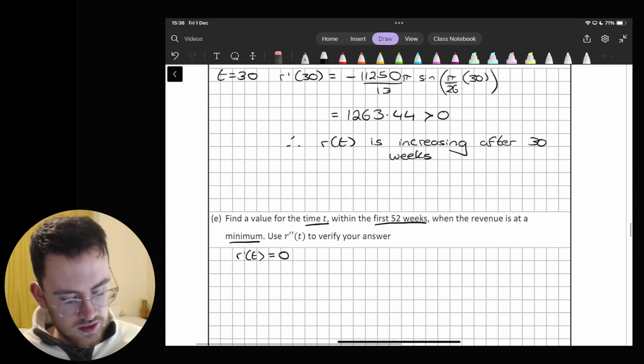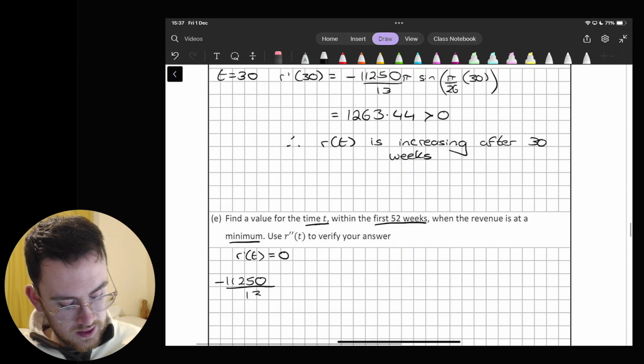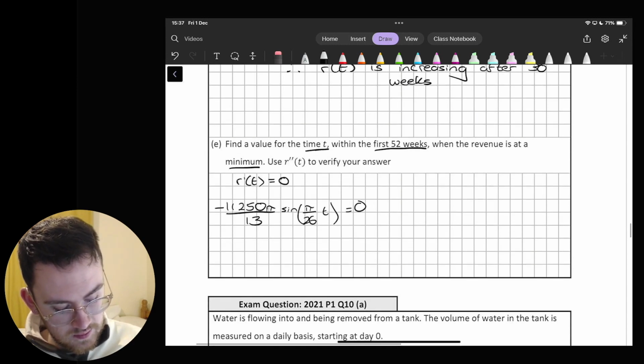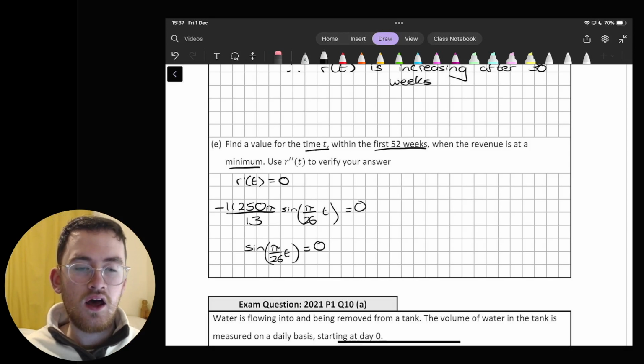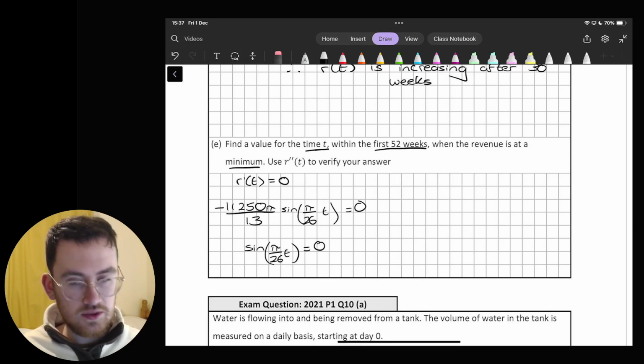So looking at our derivative here, it's 11250 pi over 13 sine pi over 26 t. We want that equal to 0, which means I can divide across by the coefficient there to get rid of it. And I get sine of pi over 26t is equal to 0.